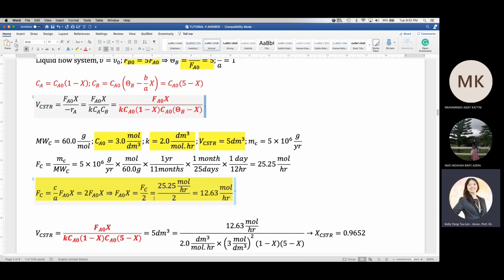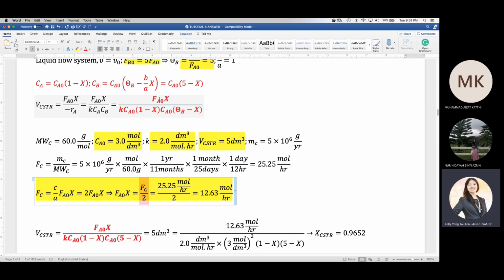Okay, so then, in this part, kalau kamu perasan, in the original equation yang ke atas tu adalah FA0X. Since saya tahu FC sama dengan 2 FA0X, maka FA0X sama dengan FC per 2.